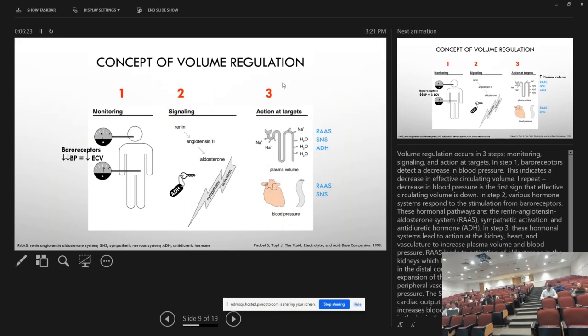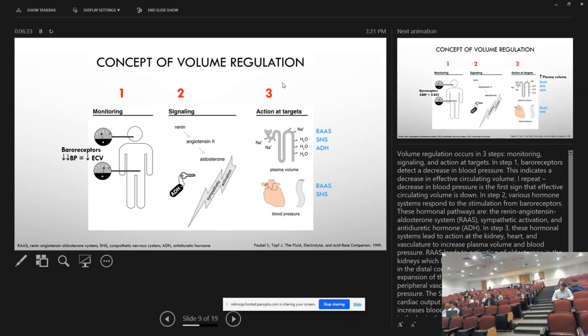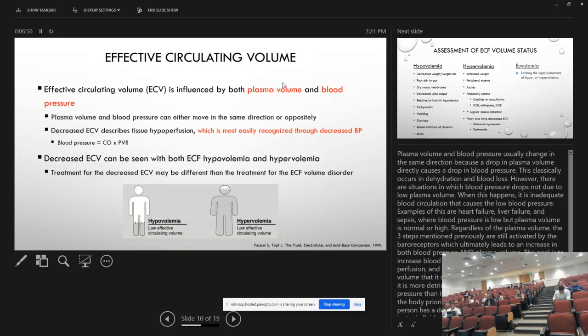Because those are related. Once that happens, you'll have a signaling pathway with the renin, angiotensin II system, and aldosterone and ADH that will act on your kidneys to reabsorb water. That should increase your plasma volume and then directly increase your blood pressure over time. So it's a feedback loop, basically.